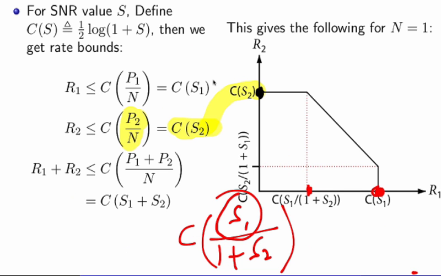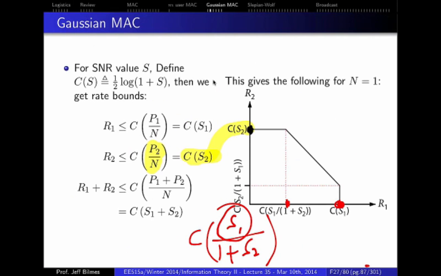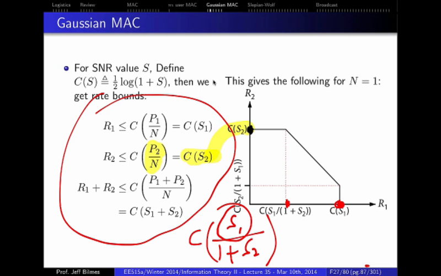The way this works is the following. First of all, if you look at these equations here, without loss of generality, we can just set n equal to 1. So when n is equal to 1, we've got that S1 is equal to P1 and S2 is equal to P2. Then this right-hand side becomes C of P1 over 1 plus P2.